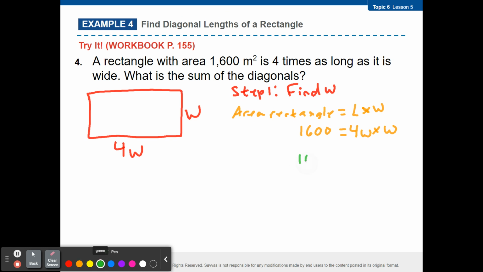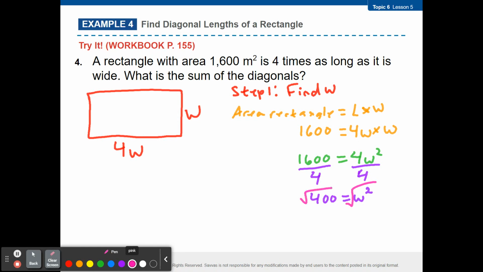So I'm going to simplify. This is going to be 1,600 equals 4W squared. Because W times W leaves you with a square. From here, I'm going to divide both sides by 4, which leaves me with 400 equals W squared. And then I'm going to take the square root of both sides.